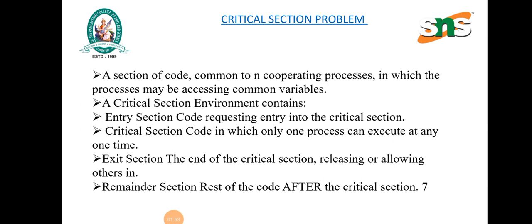Critical section problem: a section of code common to n cooperating processes in which the processes may be accessing common variables. The critical section environment contains the entry section, code requesting entry into the critical section; the critical section, where only one process can execute at any one time; and the exit section.